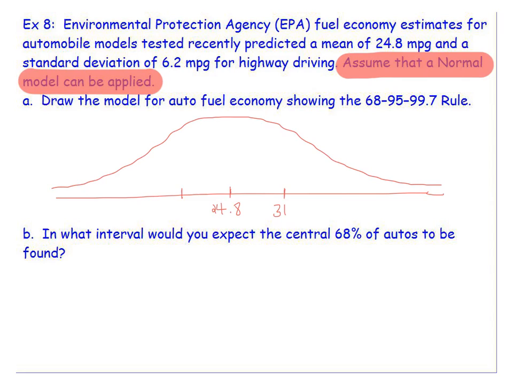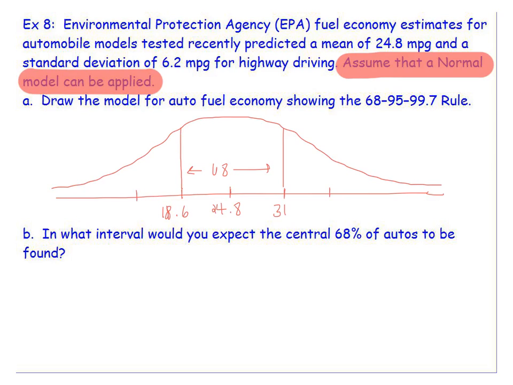But 24.8 minus 6.2 moves us down to 18.6. So those are your first cutoffs. Remember, those little lines right there represent 68% of our data.